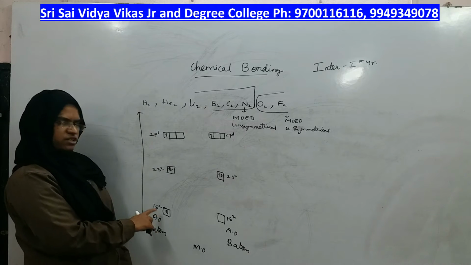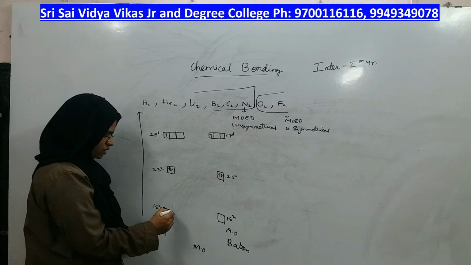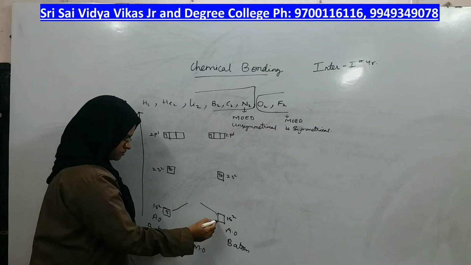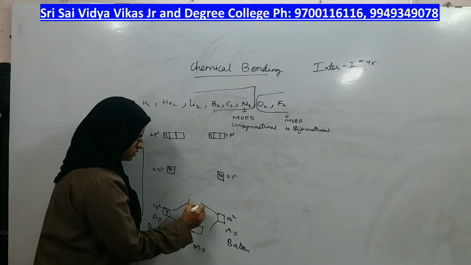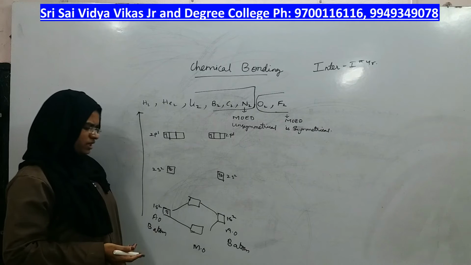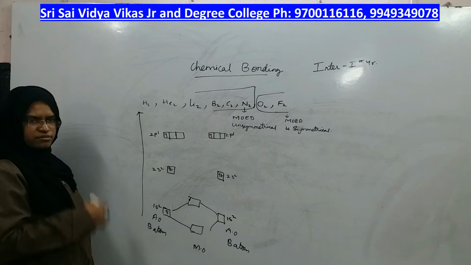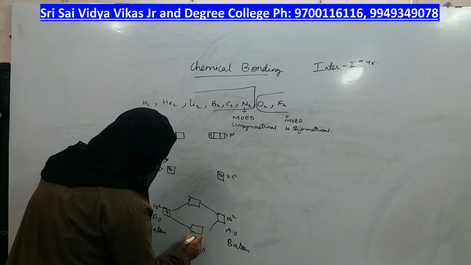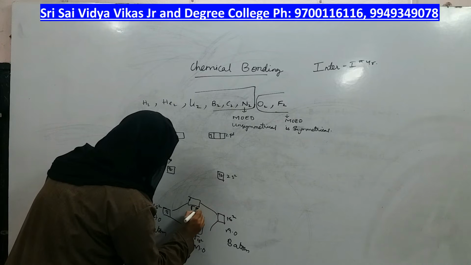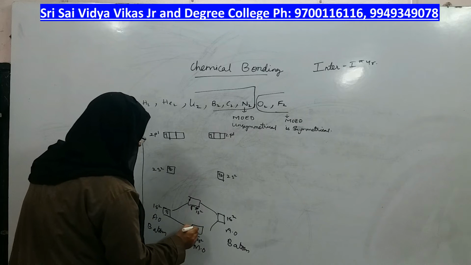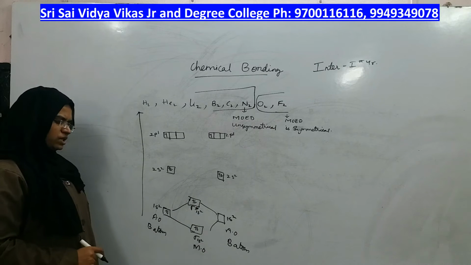The first level is the 1s2 of this boron and the 1s2 of that boron. They combine in such a way that half of them become bonding and the other half become antibonding, just like hydrogen, helium, lithium, right? So this becomes sigma 1s2 and this becomes sigma star 1s2. In sigma 1s2, 2 electrons. In sigma star 1s2, 2 electrons.